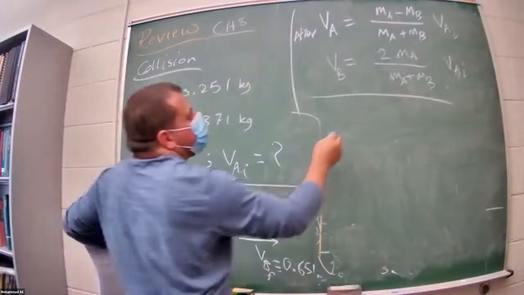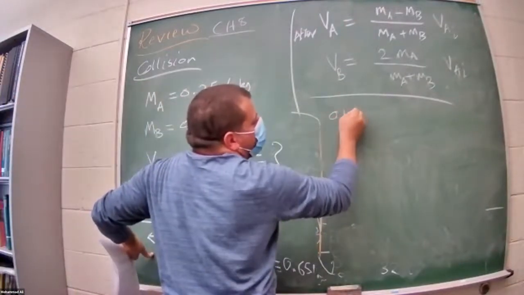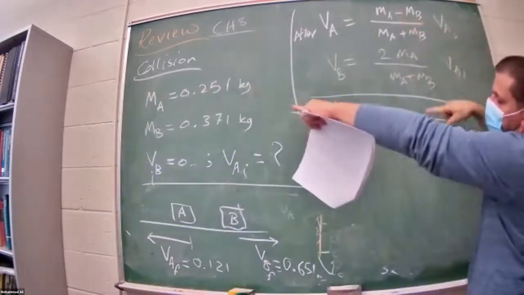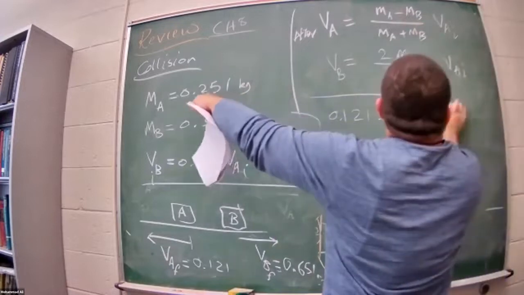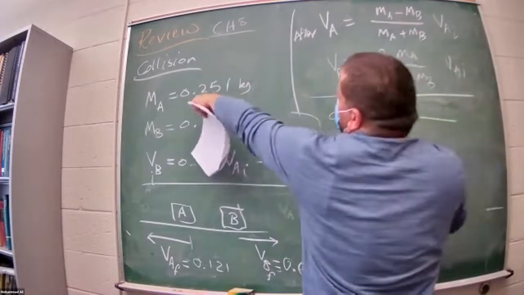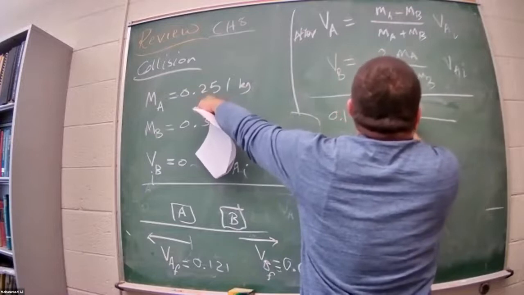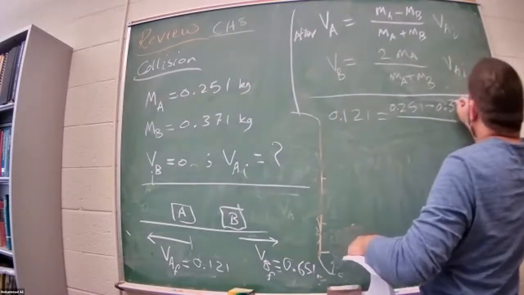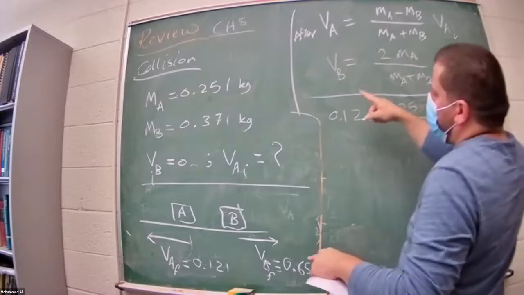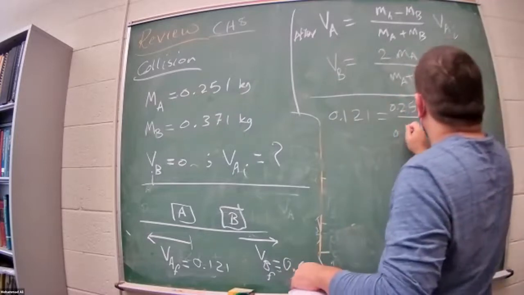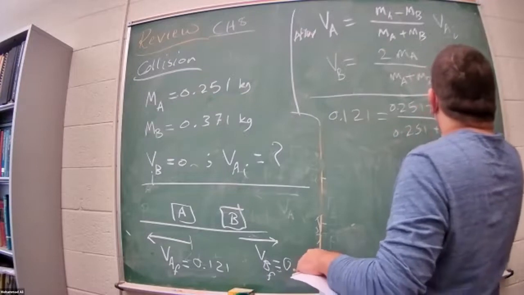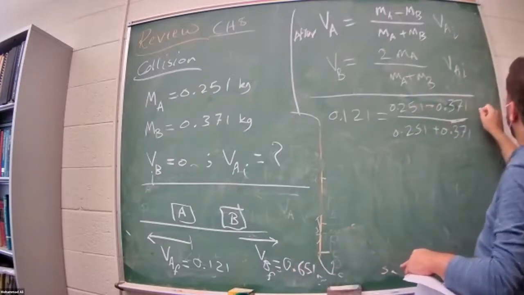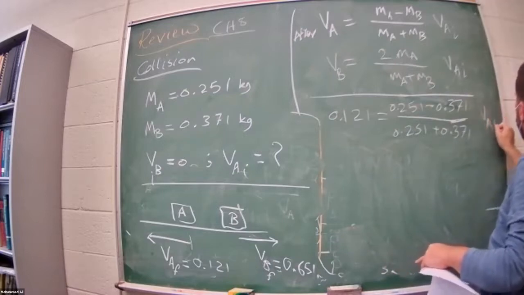VA after is 0.121, equal to the difference between the masses, 0.251 minus 0.371, over the summation of them, 0.251 plus 0.371, multiplied by VA initially.